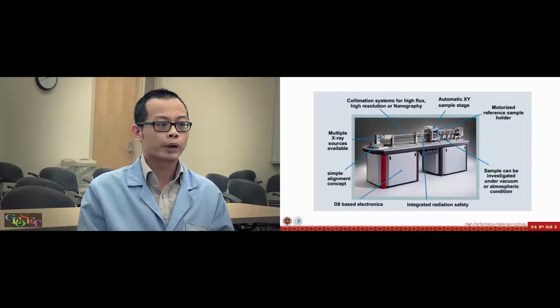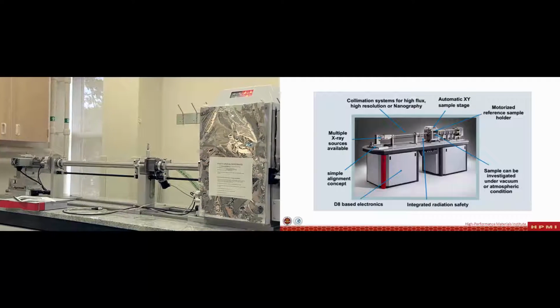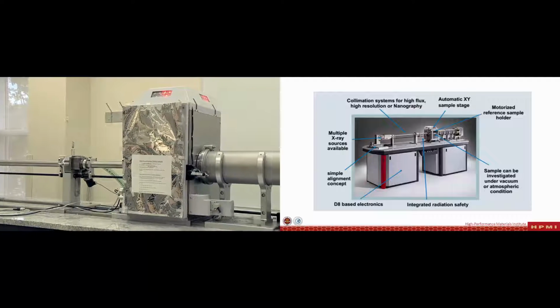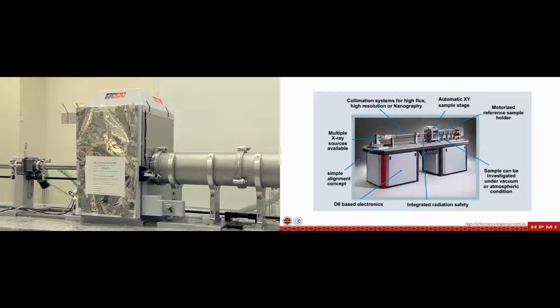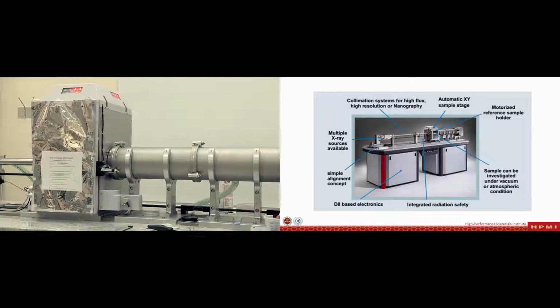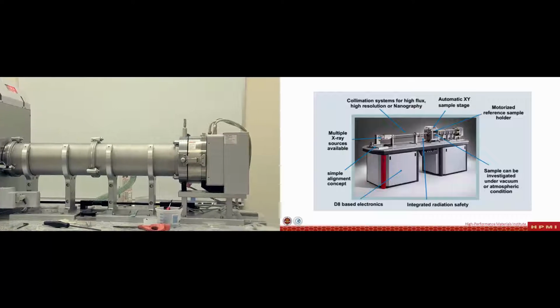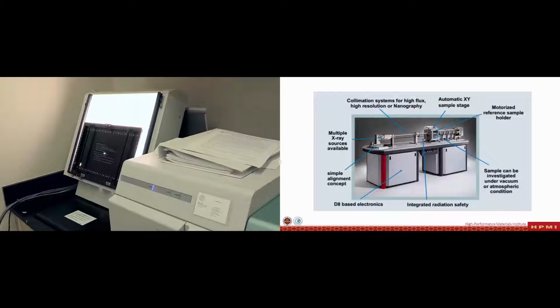The system that we have here is the NANOSTAR from Bruker. That is an X-ray diffraction and elemental analysis system. This system is very powerful. It can do small angle X-ray scattering and wide angle X-ray scattering.